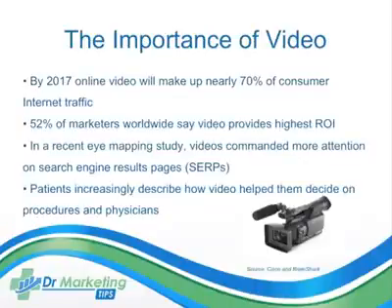So in reference to your office, if someone is searching for, let's say, an ophthalmologist in the area, obviously you've got your social links that are going to come up, you've got your review ratings, you've got your Google listings and all of that. But if you have video, those are going to come up as well, and they might get a couple more clicks that way. So it's just another way to get more traffic into your website.